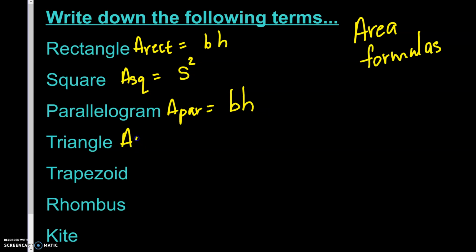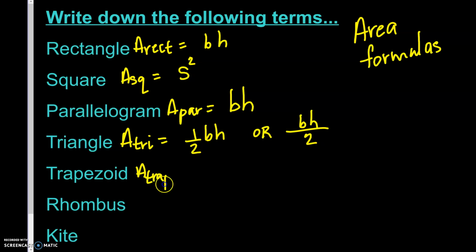The area for a triangle is going to be 1/2 base times height, or some of you like to write it base times height divided by 2. The area for a trapezoid is going to be 1/2 the height and then base 1 plus base 2.